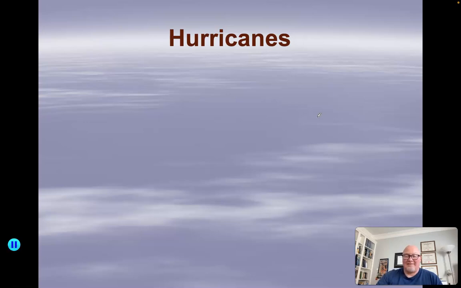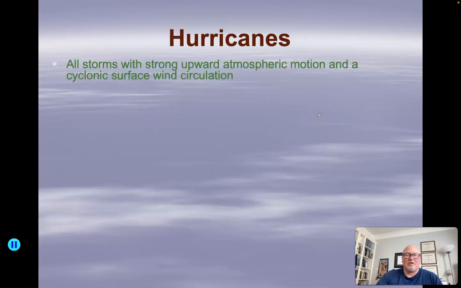Hurricanes. So hurricanes, think of a tornado that's kind of huge. These are all storms with strong upward atmospheric motion and a cyclonic surface wind. Now remember, hot air rises, so as this air twists as it goes up, you're going to create a rotation.